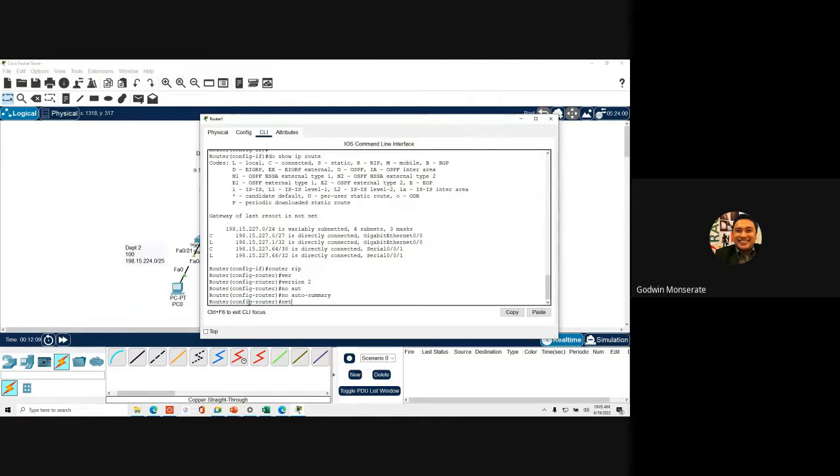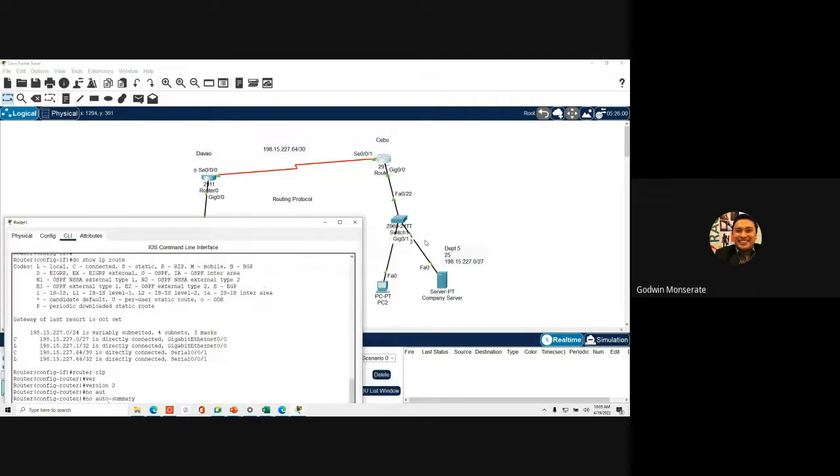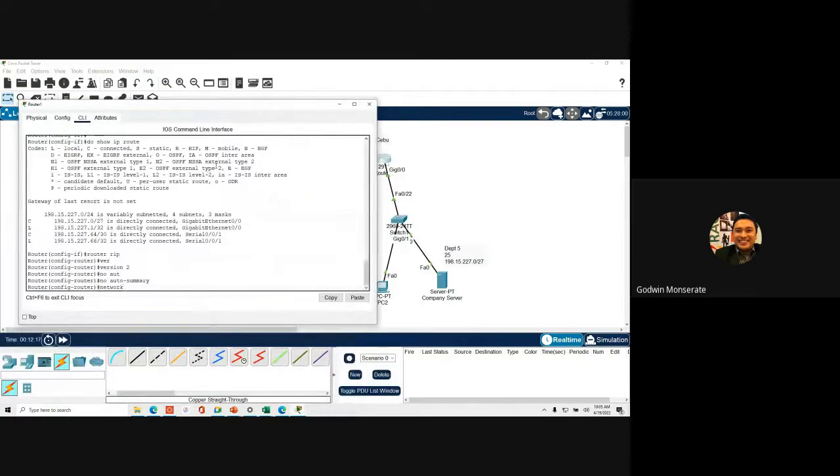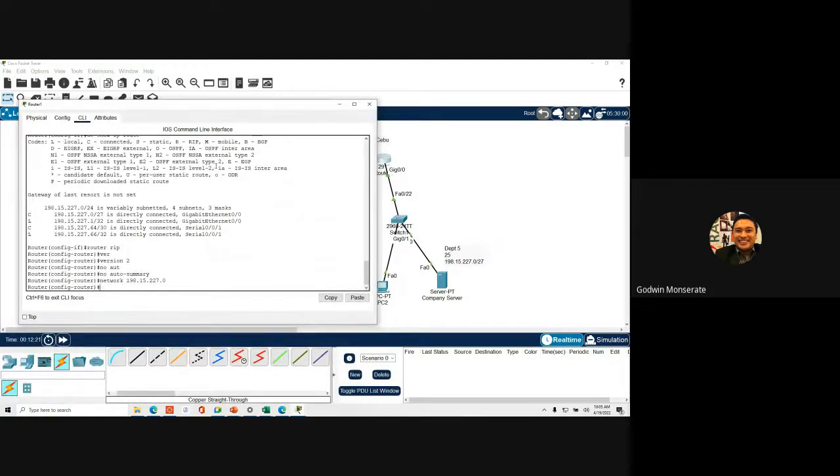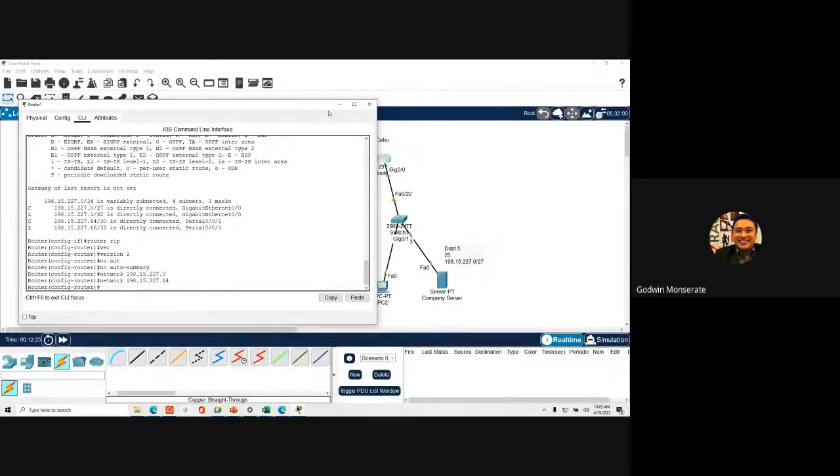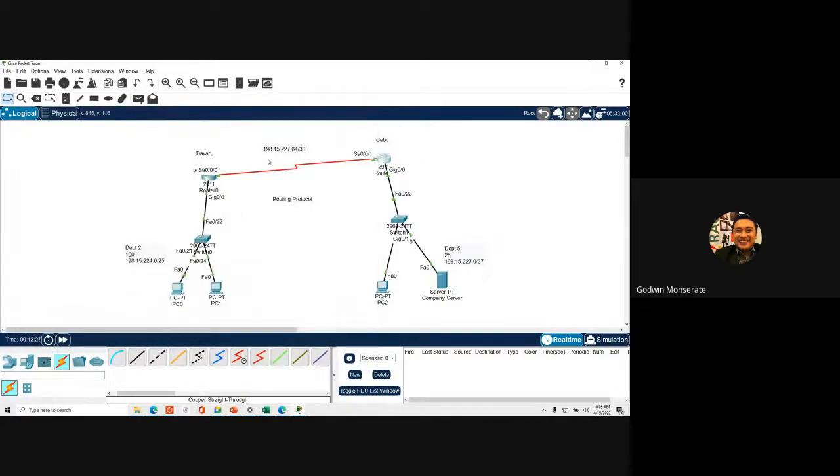Then, network. What are the networks present on this router? The 227.0 network and the 227.64 network. So, i-butang na siya. 198.15.227.0 network and 227.64 network. So that's why they can communicate because they have a common network.